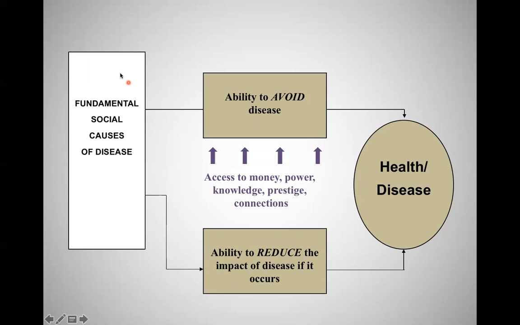Okay, so what we have here is the social conditions that in many cases people are born into. And these social conditions affect our ability to avoid disease. Sometimes avoiding disease comes through behaviors, sometimes it comes through self efficacy.